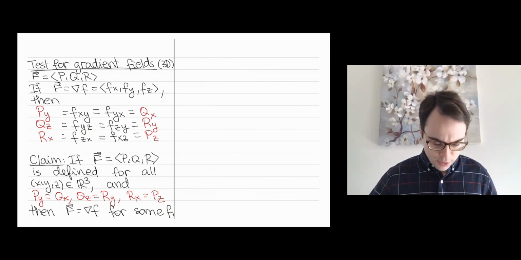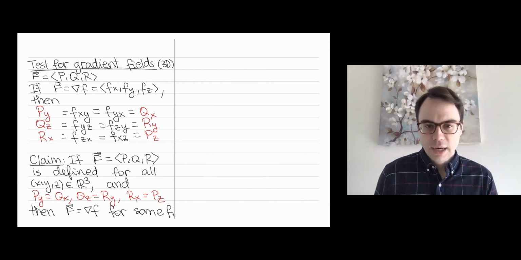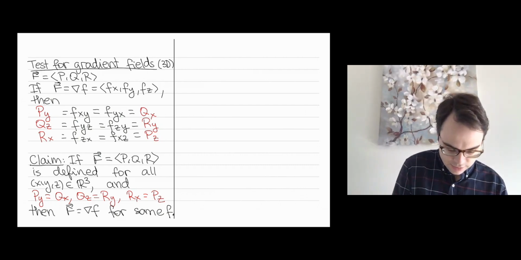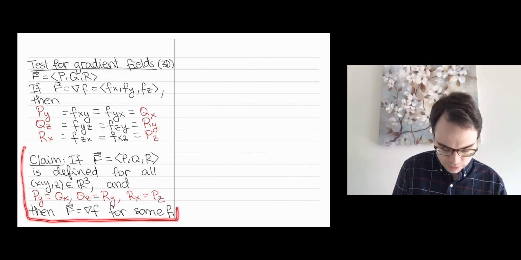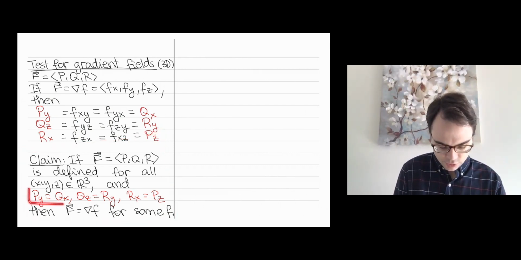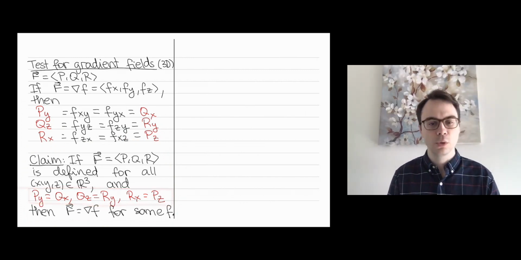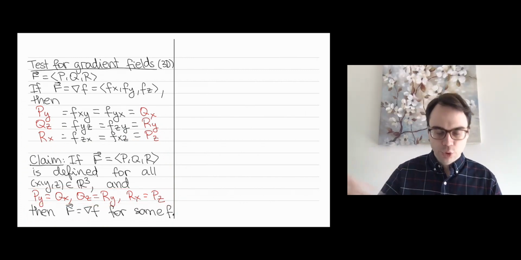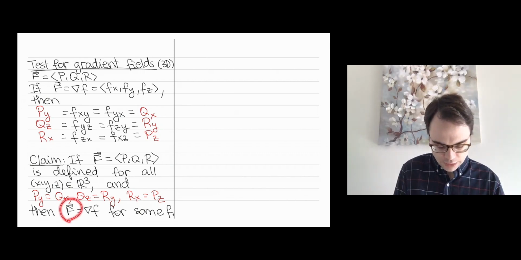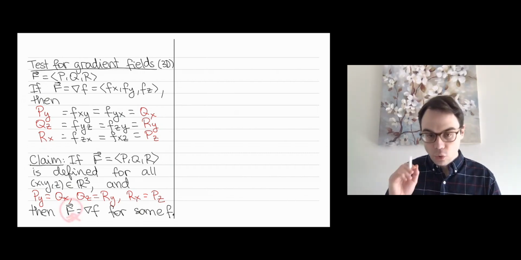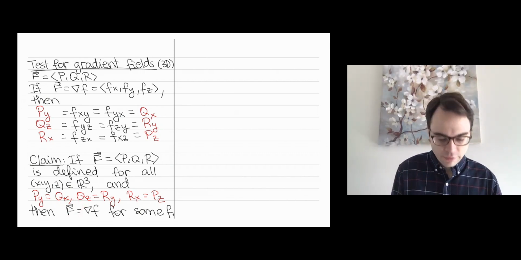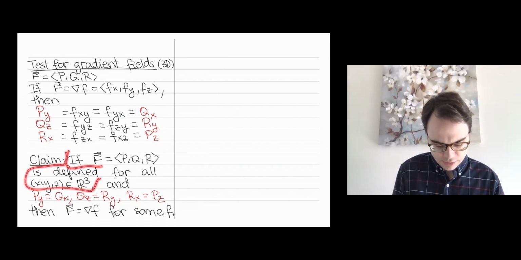One more thing I'd like to say is that this theorem, this fact that if these equalities between partials hold, then for sure there is a function whose gradient is my given vector field, only works when the vector field is defined for all points in the plane. So this first condition is absolutely essential.